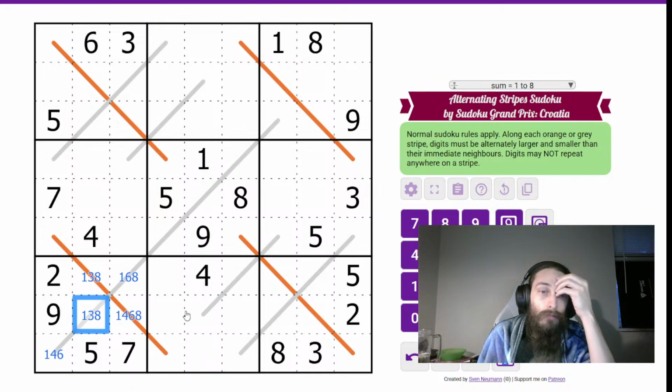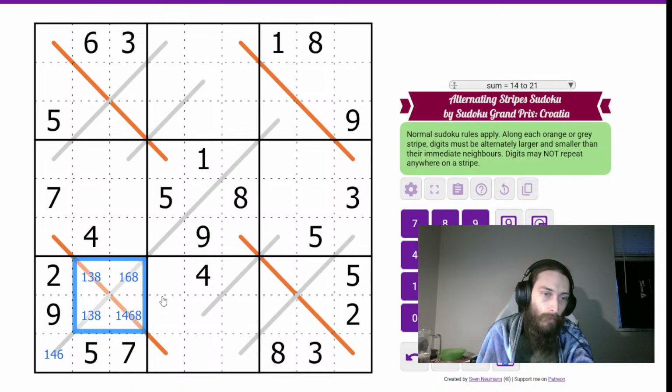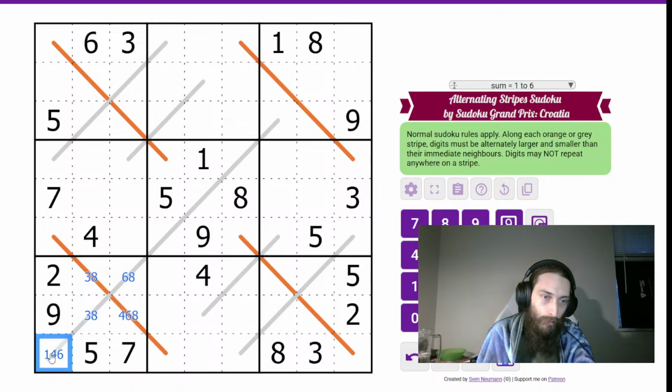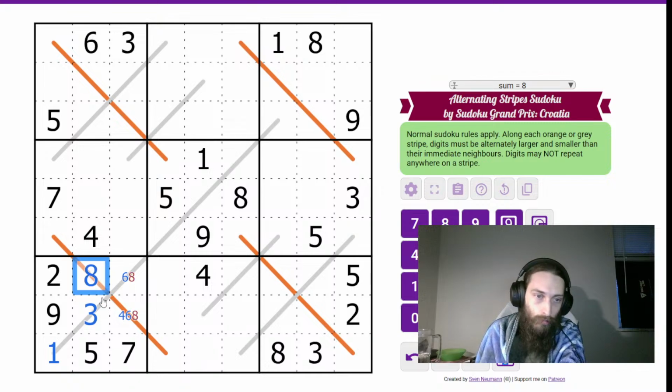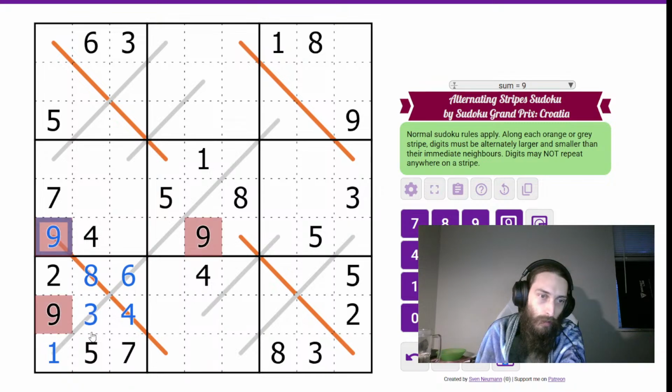And it can't be 1. It would have to be 3. So all of these have 2 neighbors, so 1's removed. 8's removed from there. 6 and 4. Then this would have to be 9.